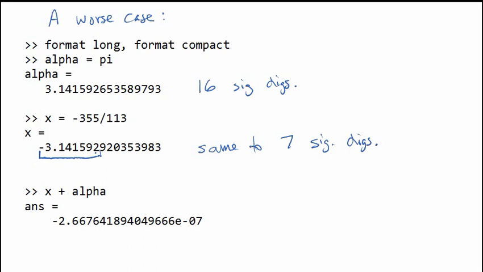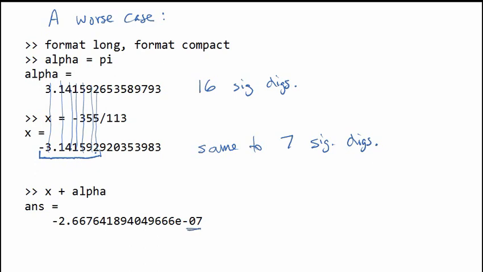Well, that means that when I take alpha and add x, these digits cancel each other out, and the error starts in the 7th decimal place.